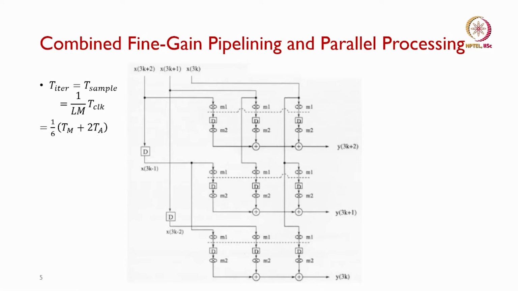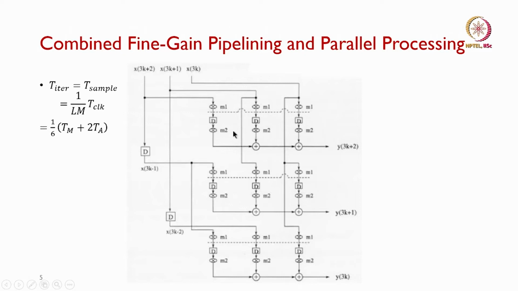How can I do this fine grained parallelism? You will be seeing that input is x of 3k plus 2, x of 3k plus 1 and x of 3k. This is our parallel unit, and when I come to the multiplier, I can bifurcate it into pipeline mode, that is M1 becomes 6 clock units and the other one I can take as 4 clock units.